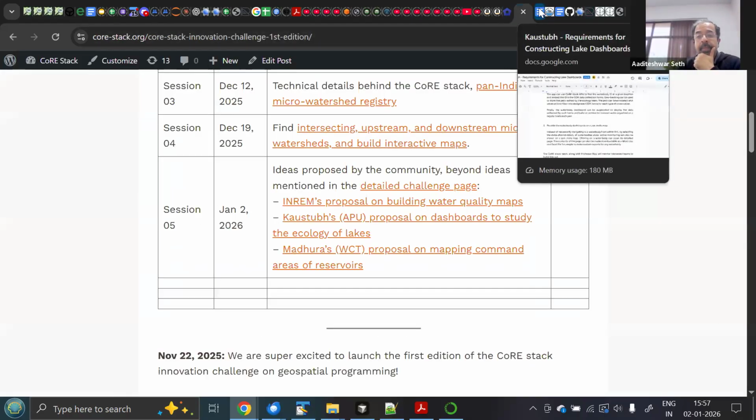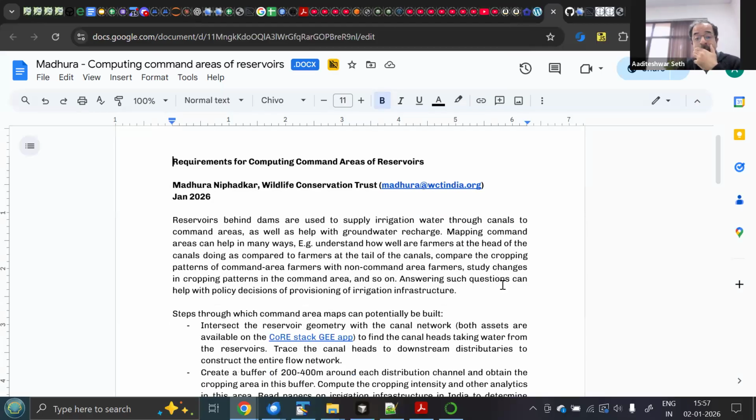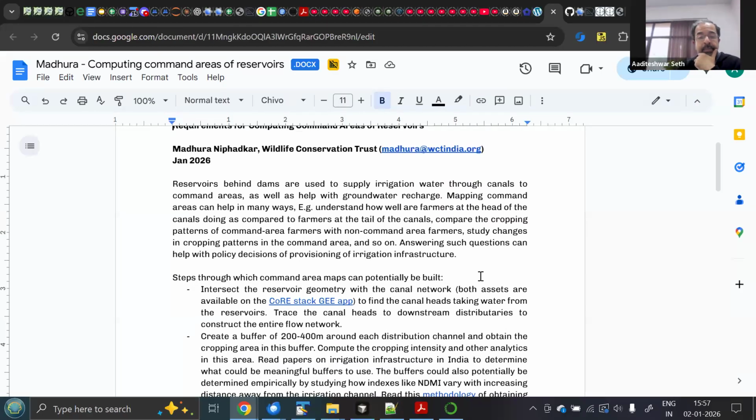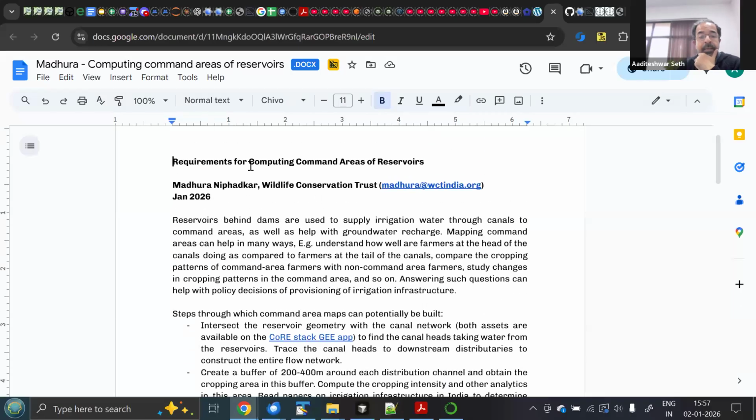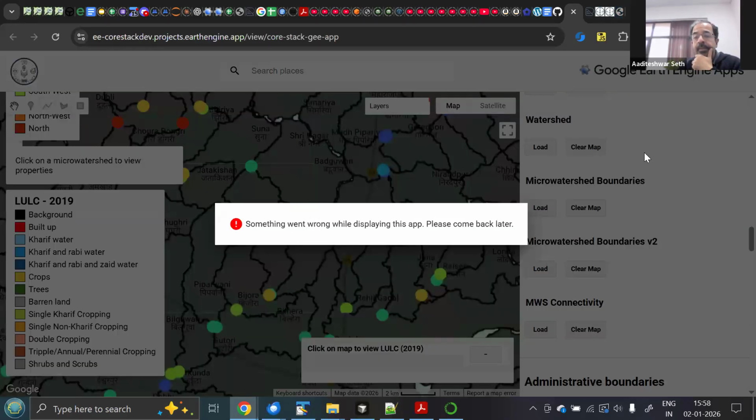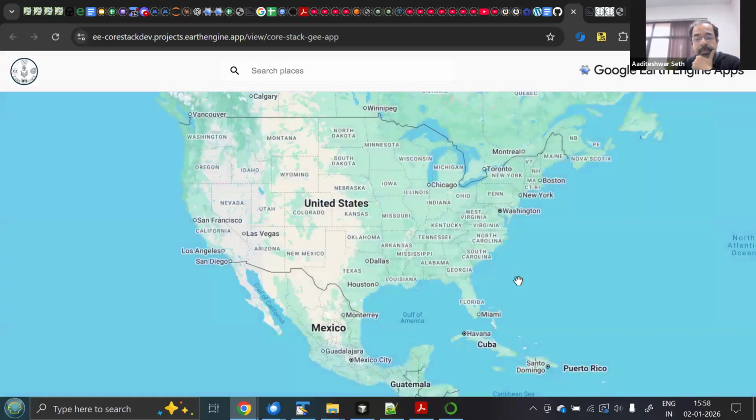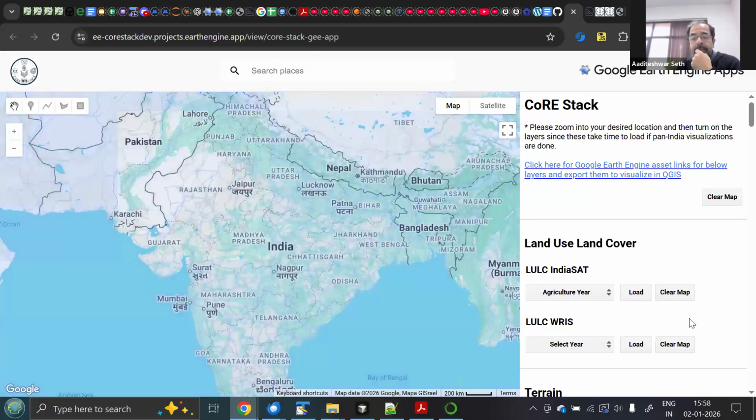A third idea, which just came today from Madhura from Wildlife Conservation Trust, is about finding command areas of reservoirs. So let's see if something happens here. Reservoirs, as you know, are basically created behind dams.